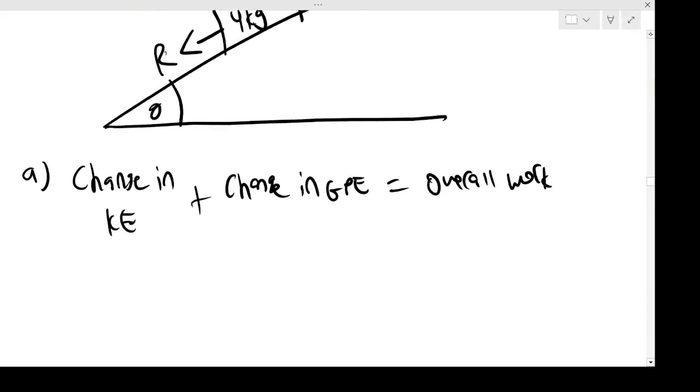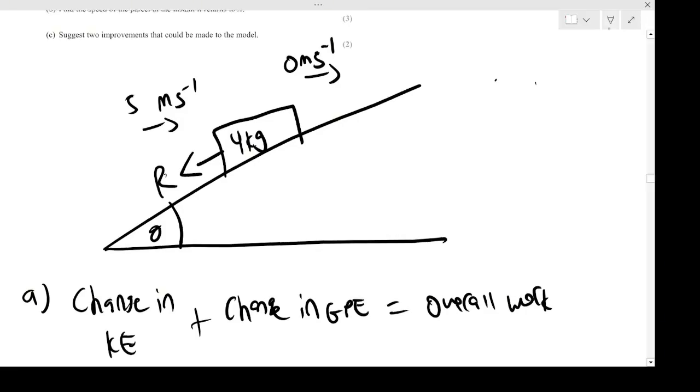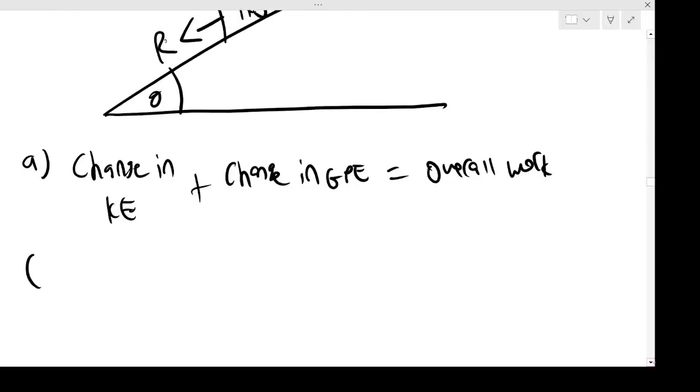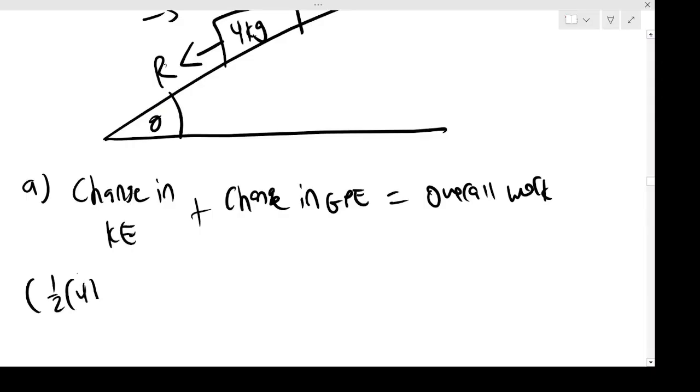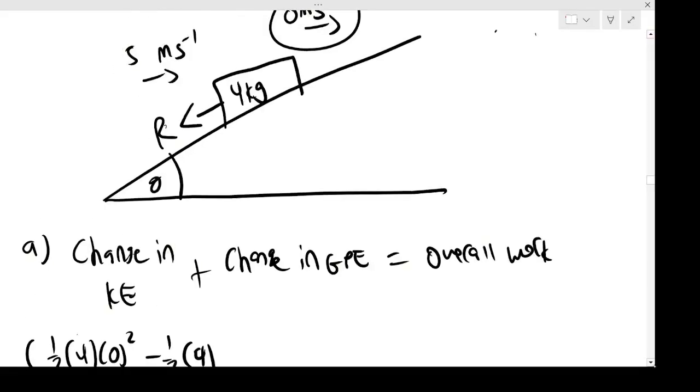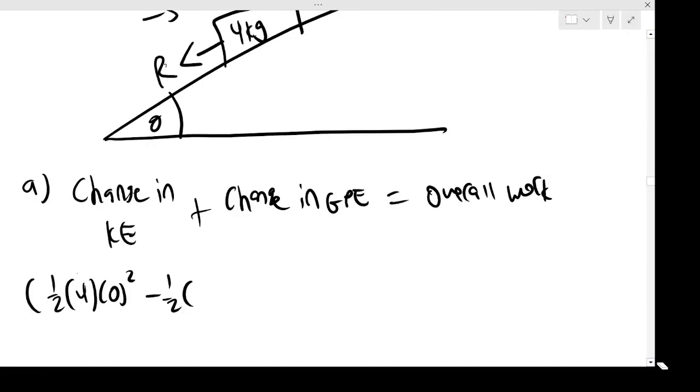So the change in kinetic energy, well, we know at the end it's 0, so it's going to be a half lots of the mass, which is 4 times 0, and then I'm going to take away the initial speed, which is 5 here, and that's my change in kinetic energy.